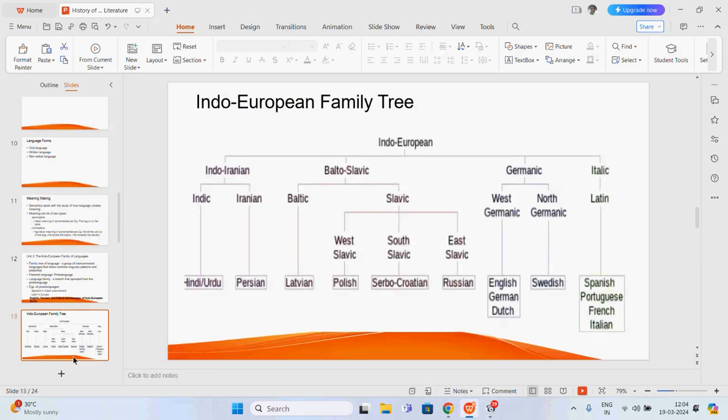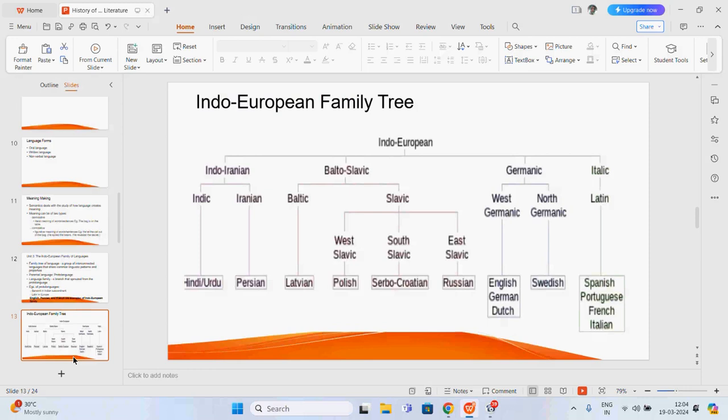On your screen, you see the Indo-European family. This is divided into 4 branches: Indo-Iranian, Balto-Slavic, Germanic, and Italic. Indo-Iranian is further divided into Indic and Iranian. Indic further divided into Hindi, Urdu, and so on. Not all languages are listed there.